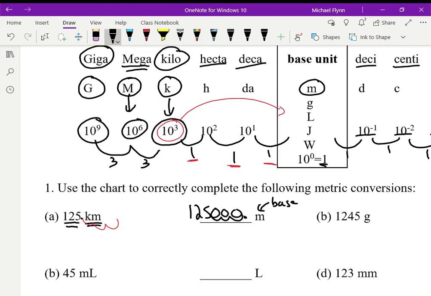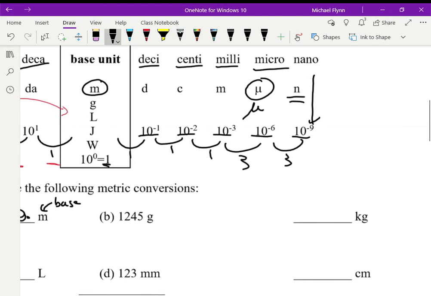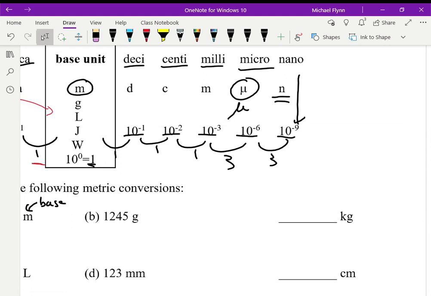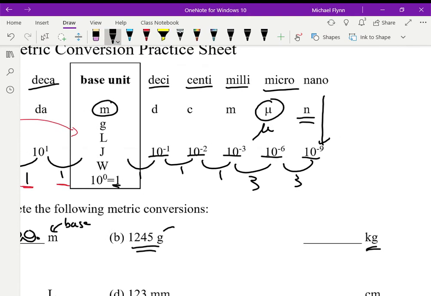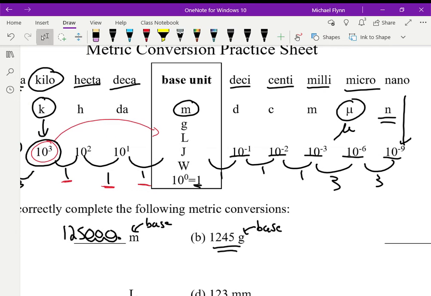So that's it. Next, can you go the other way? Can you convert grams into kilograms? So here, this time we're starting at base. We're starting with the base unit, and we are going over to kilograms. So this time, I'll use my red pen again. We're starting at the base, and we're going over to kilo in the opposite direction.